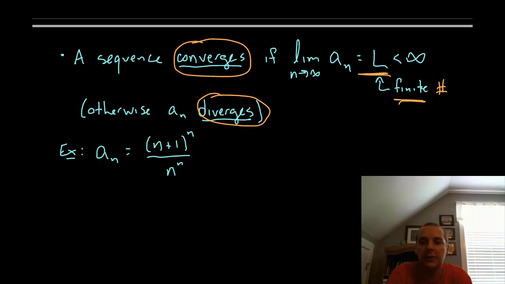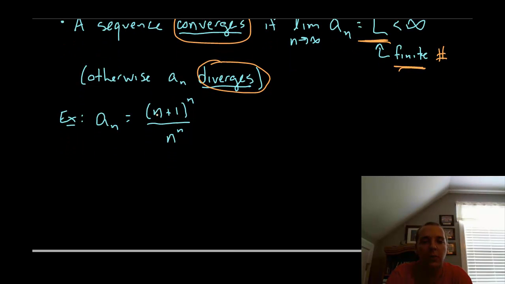Let's see if this sequence converges. I tried to make this one a little more difficult. We take the limit as n approaches infinity of n plus 1 to the nth power over n to the nth power. I immediately don't have any great idea as to whether it converges or not.